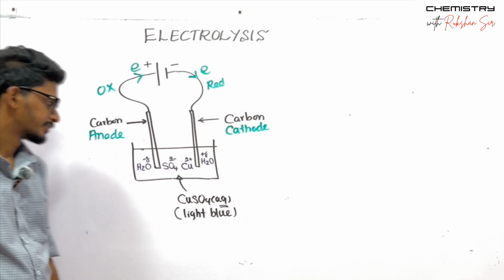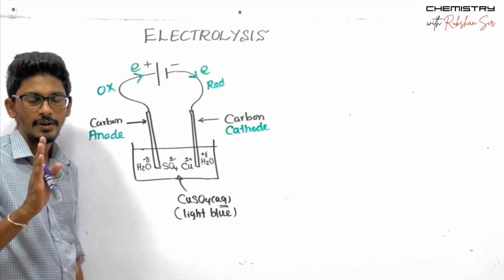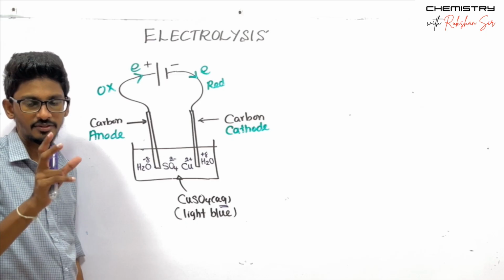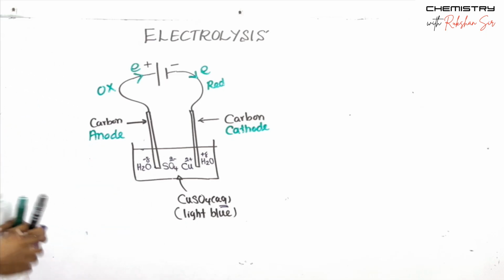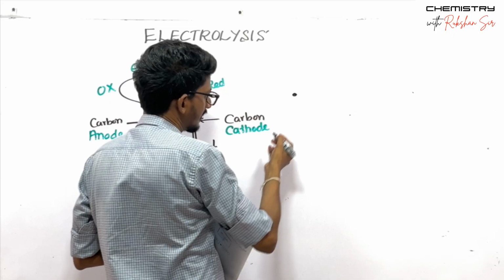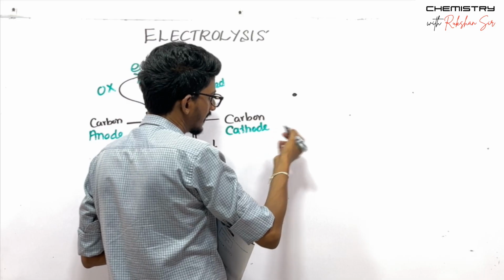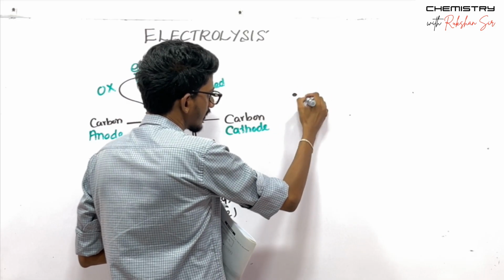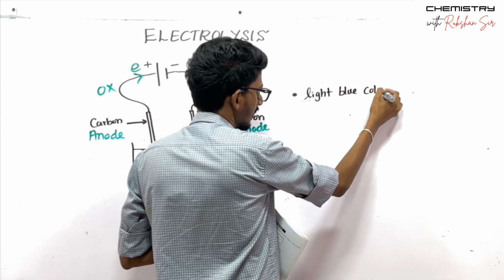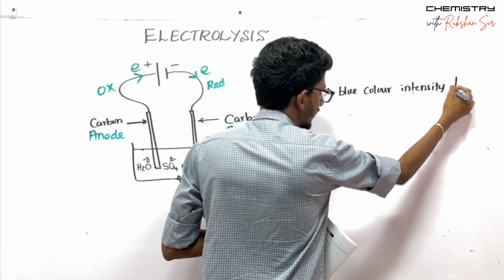Then what will happen? How are the observations observed? The main three observations are there at all levels. What are the three main observations we had observed? One thing is the light blue color intensity of the copper sulfate solution decreased.